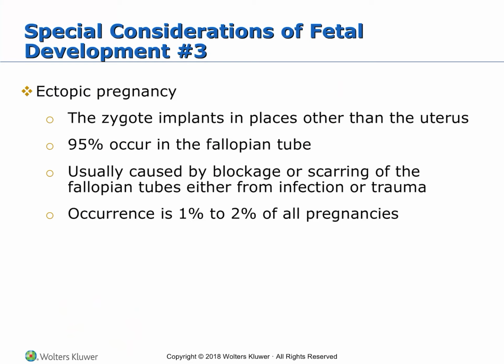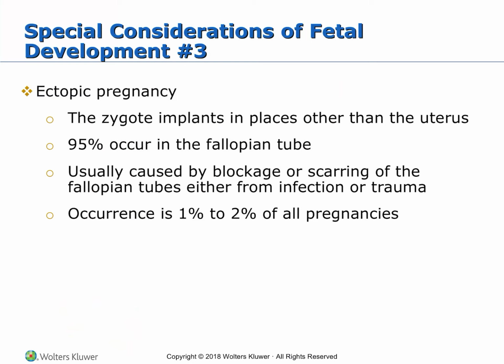An ectopic pregnancy is when the zygote implants in places other than the uterus. So sometimes it doesn't quite make it to the uterus and it might try to implant within that fallopian tube. 95% of ectopic pregnancies will occur in the fallopian tube, and it is usually caused by some type of blockage or scarring of the tubes, which can be from infection or trauma or things like endometriosis, anything like that.